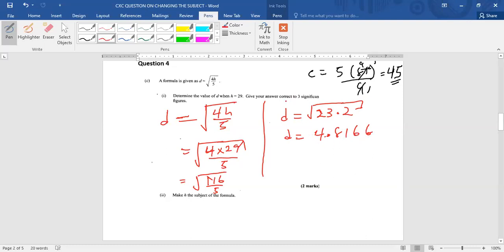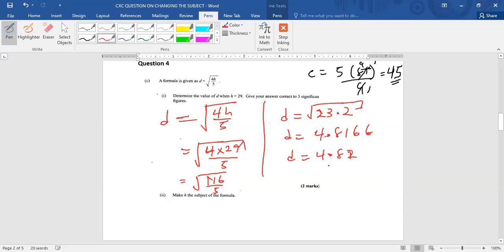Now they say give your answer to 3 significant figures. They want the answer in 3 significant figures. So what do we do? How do I put this answer to 3 significant figures? 4.82. Thank you very much. Right.